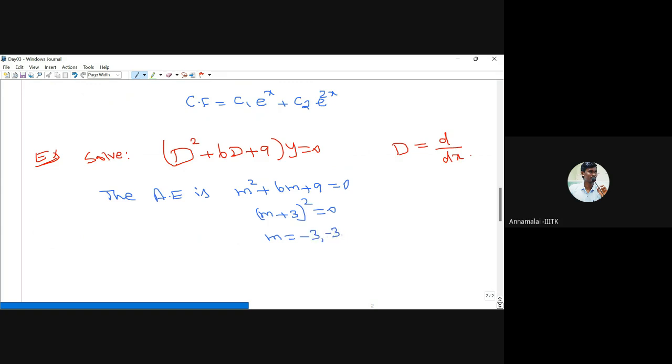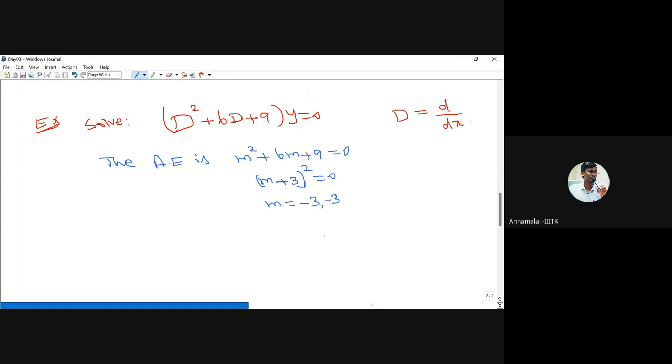Since the roots are real and equal, the complementary function CF is (C1 plus C2 x) times the common number e^(minus 3x). This is the solution. Or you can take y, because here there is no r of x, therefore directly we can write y.